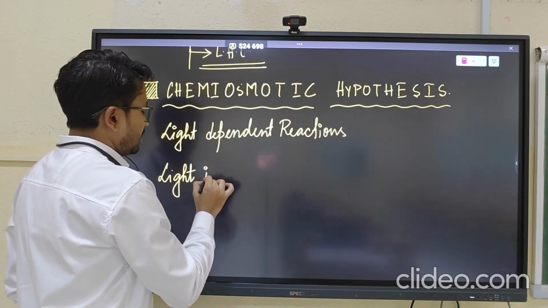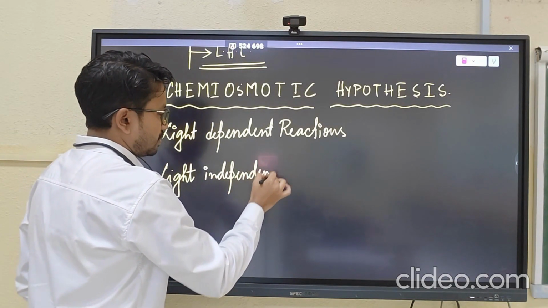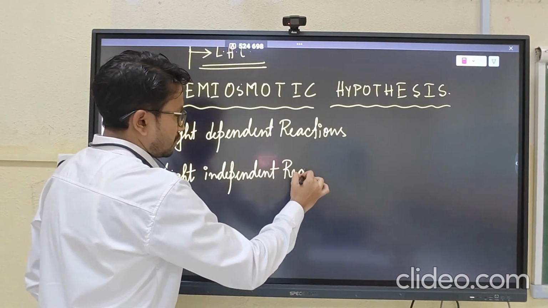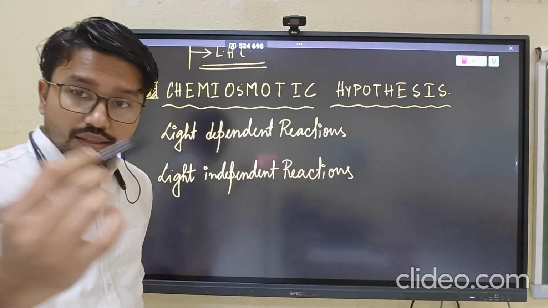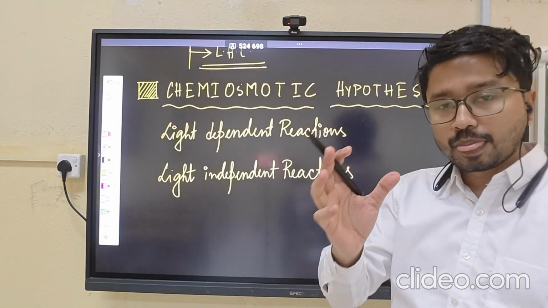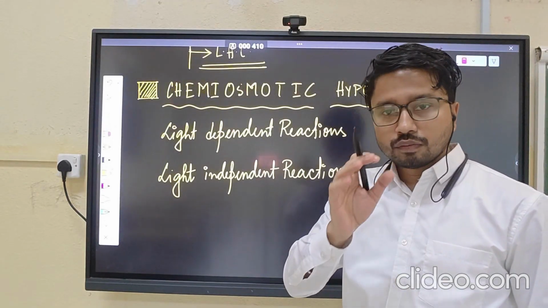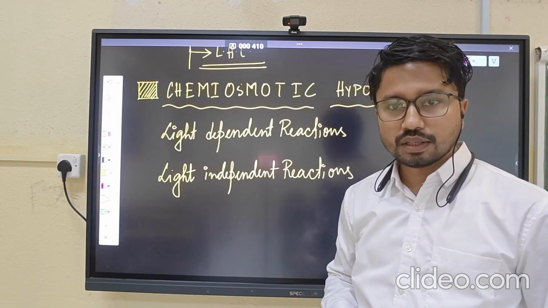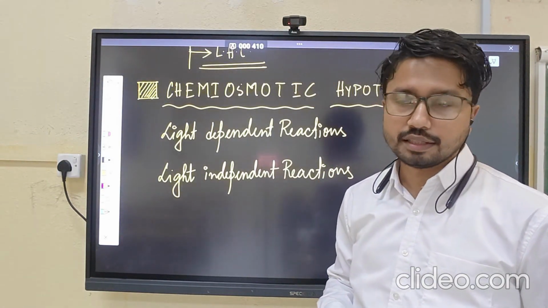Now, light dependent reactions are the ones that take the source of the energy required for those reactions from the light, and it results in the synthesis of two products, ATP and NADPH.